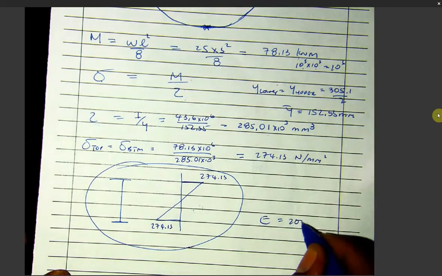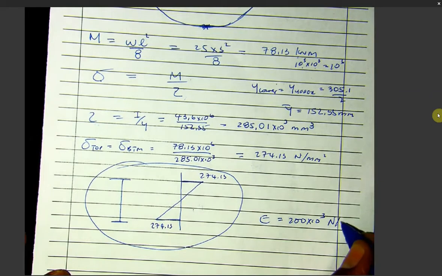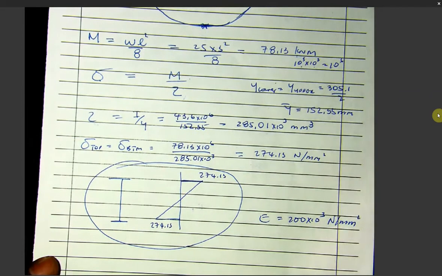It's 200 times 10 to the power 3 newtons per millimeter squared. Let's say the E value is given in that. I want you to calculate R. Remember the formula: stress over Y is equal to M over I, which is equal to E over R.